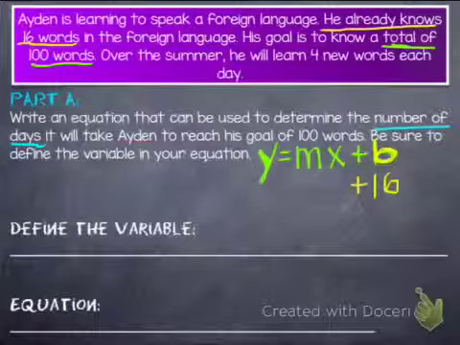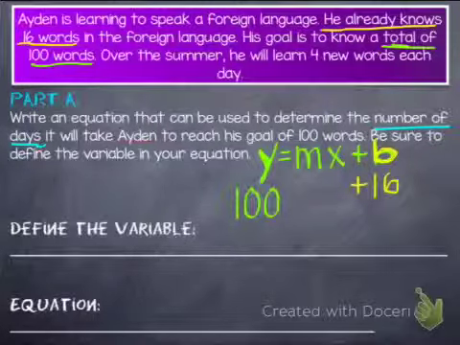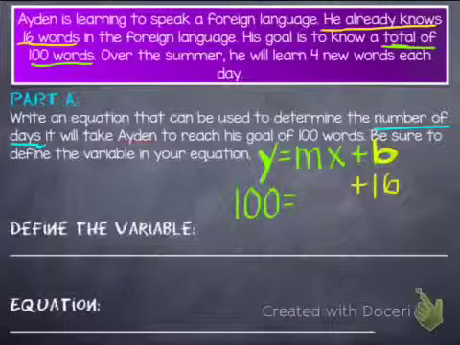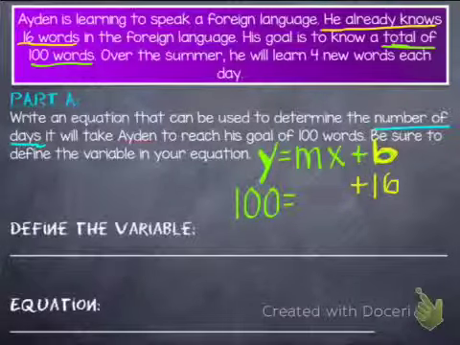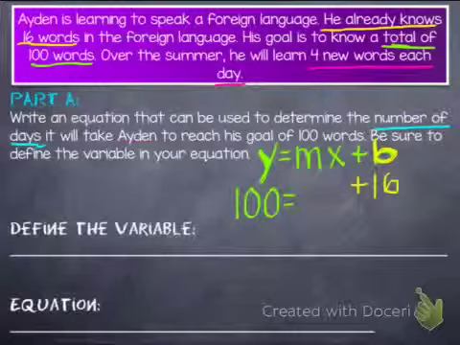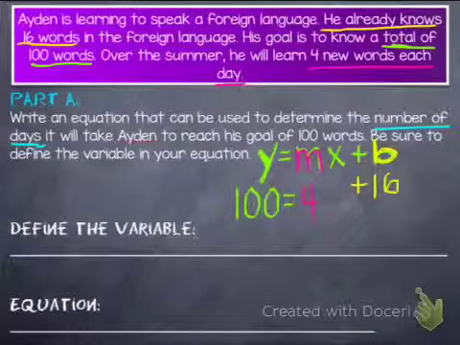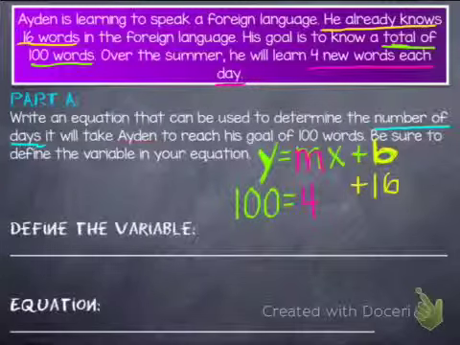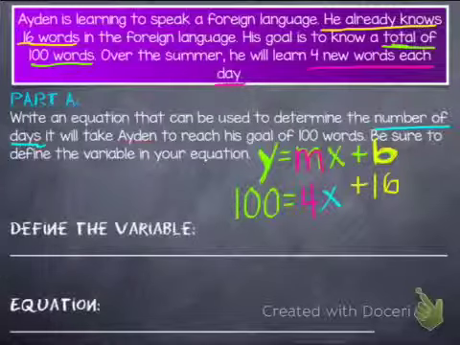So if we want his total in the end is 100, the last thing we need is our slope, which is going to be something that changes, and that's 4 new words each day. So his slope is 4, and then his x is going to be representing the number of days. So that's actually our equation.